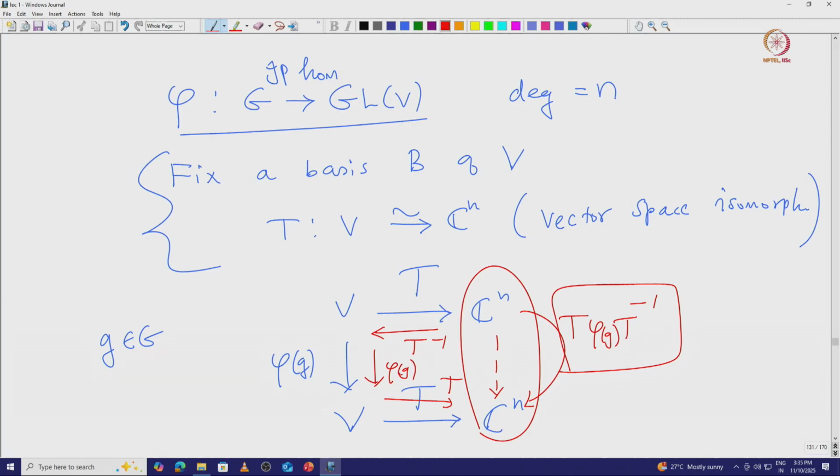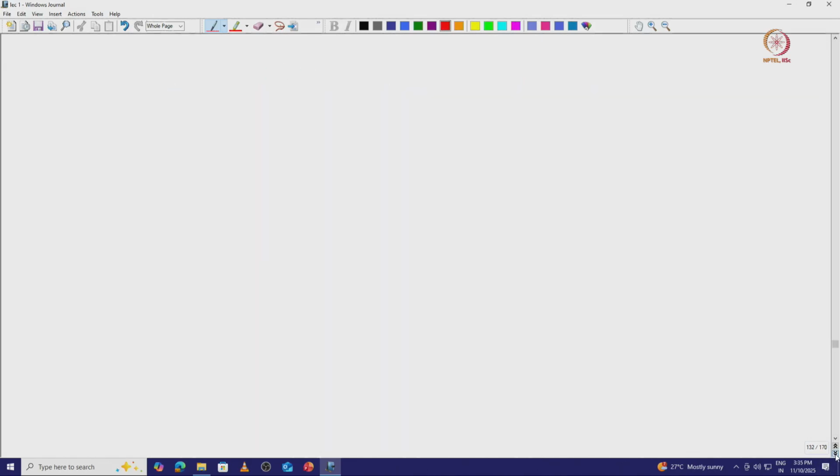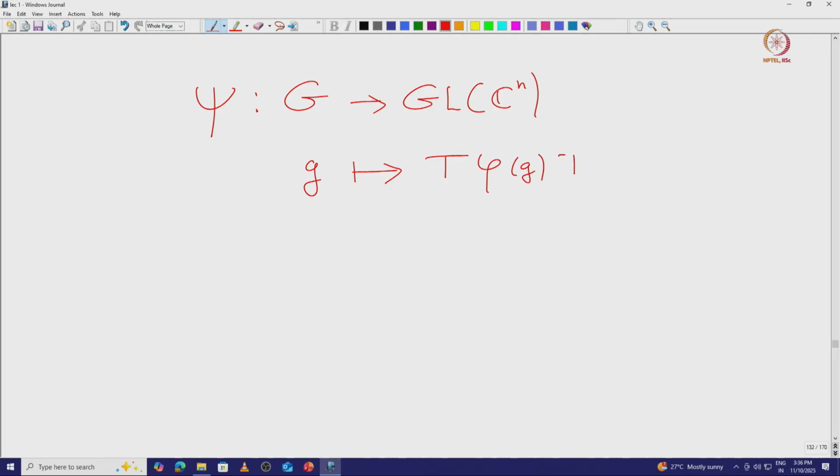This allows us to define a new representation on C n, which is given by, let us say xi, a map from G to GL of C n, where xi is given by g goes to T phi of g T inverse.